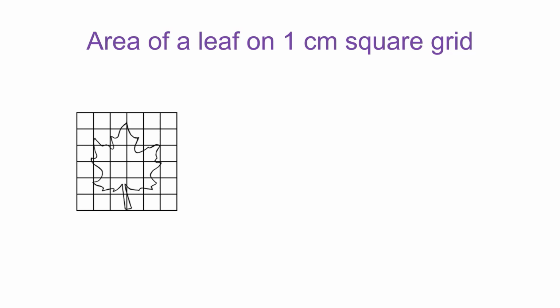That is, the side of each square is 1 centimeter. Let us find the number of full squares. Number of full squares equals 2.